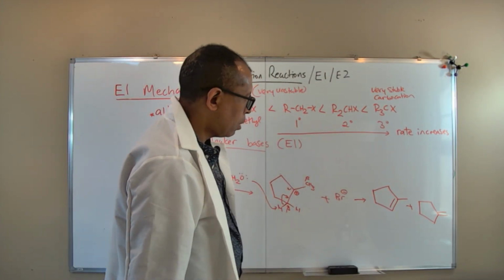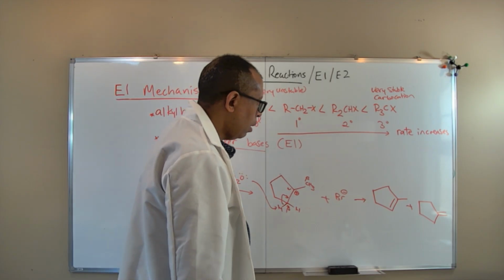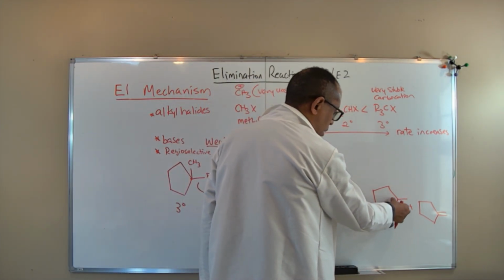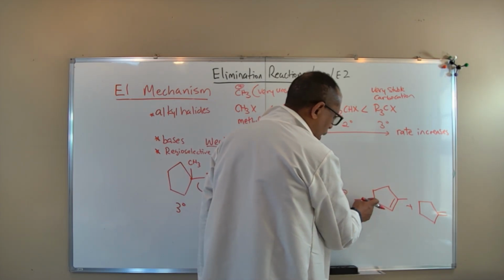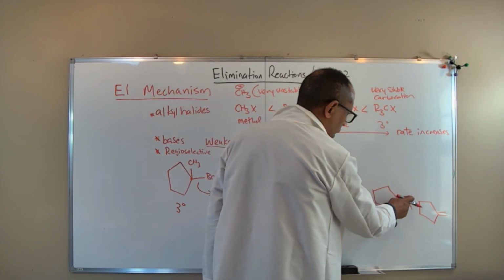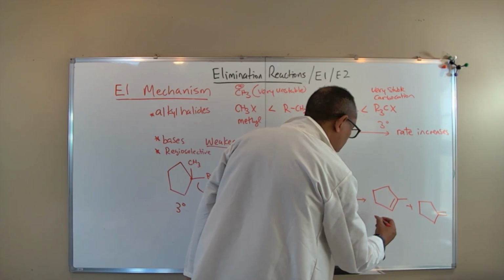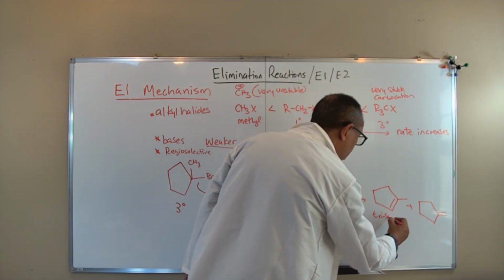The more substituted one is here; this double bond is tri-substituted, with one alkyl group here and one alkyl group here. So this is a tri-substituted alkene.